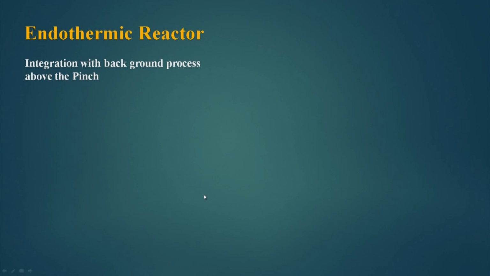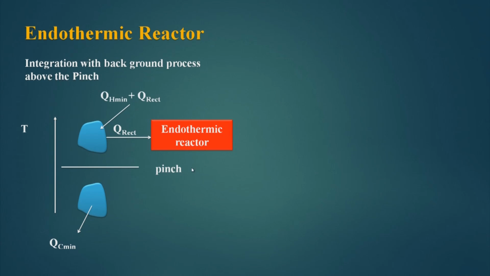For endothermic reactors, it will be the reverse. If I integrate it above the pinch, then it will take heat from here and this is heat deficient, so my hot utility requirement will increase, which is not acceptable.